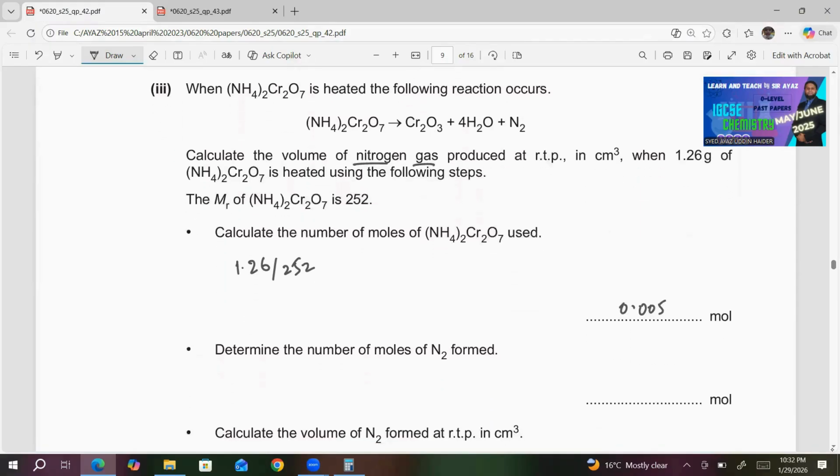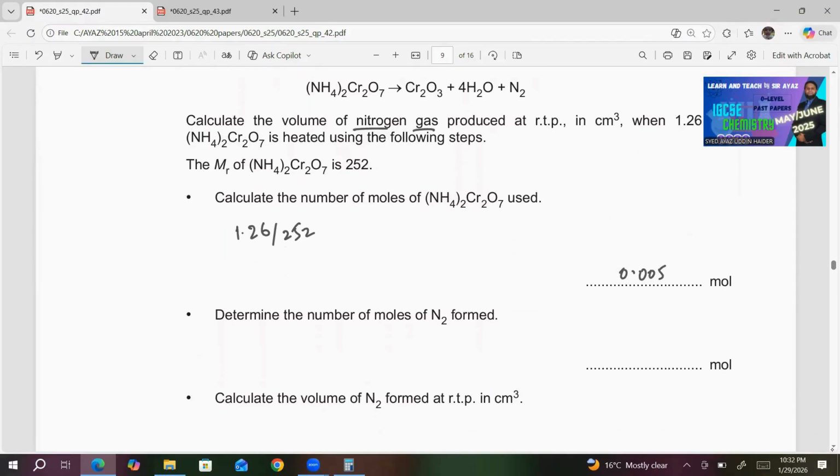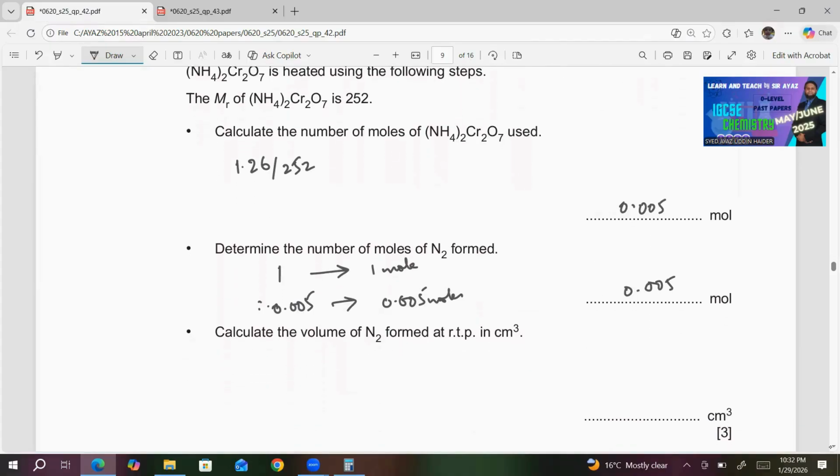Determine the number of moles of N2 formed. So if you look at the relationship, 1 mole gives 1 mole. Therefore, 0.005 mole gives 0.005 moles. So I'm going to write 0.005 moles. Calculate the volume of N2 formed at RTP in cm³.